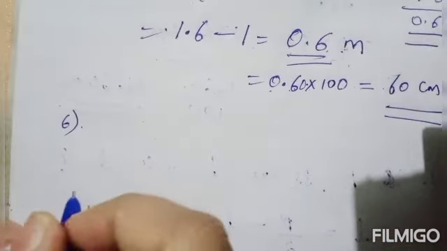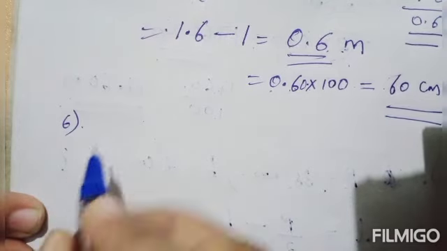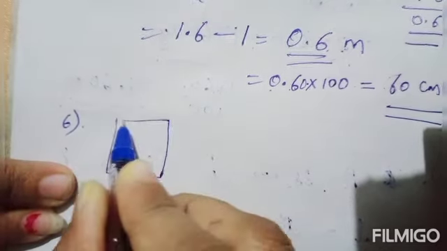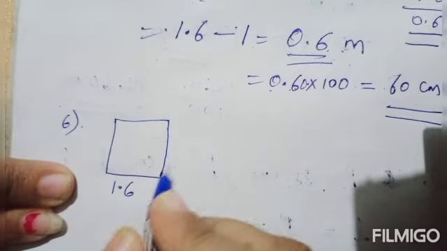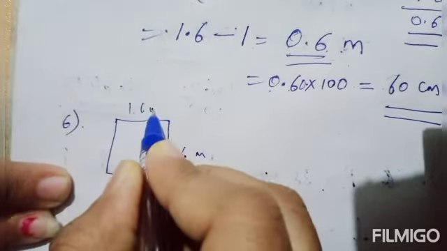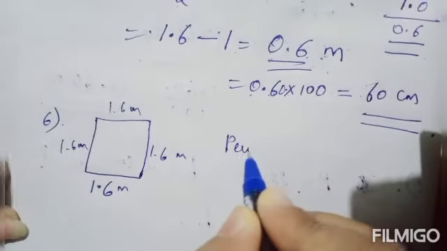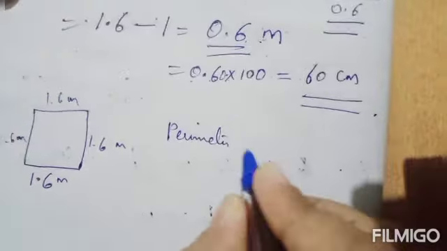Now sixth question, find the perimeter of a square whose each side is 1.6 meter. So a square, all sides are 1.6 meter. You have to find the perimeter. Now perimeter of a square, we know the formula.